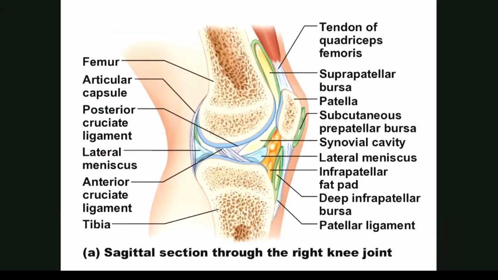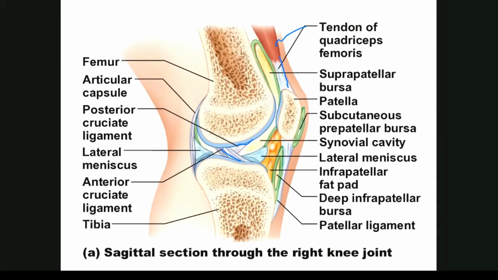Now here is a knee joint. You've got a lot of different things involved here. You can see your cruciate ligaments here, anterior, posterior. This is one of the bellies of the quadriceps femoris here. This is the quadriceps femoris tendon that inserts on the patella, and then the patellar ligament, I'm trying to find where it's labeled here, anyway, right here.